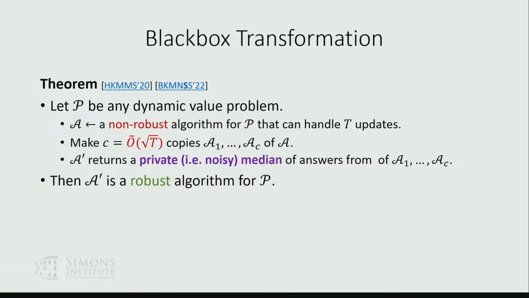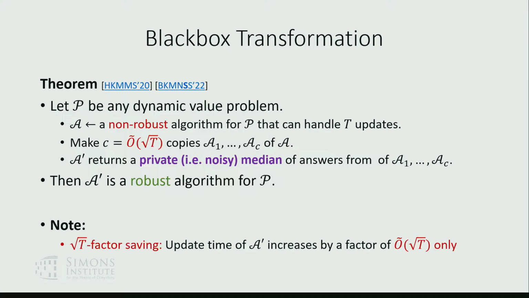I hope to give this full proof in the next workshop. But for today, I just hope for you to see that adding noise actually is one generic way to transform a non-robust to a robust algorithm. So you see, this is a saving factor of root T. That's quite nice.